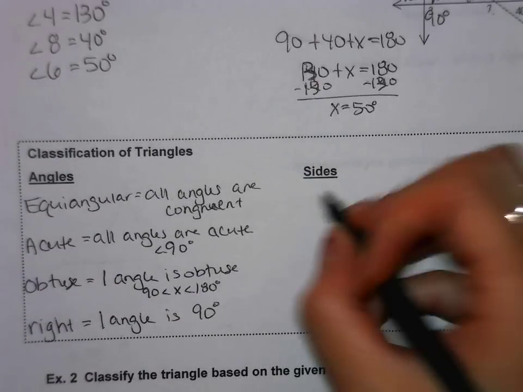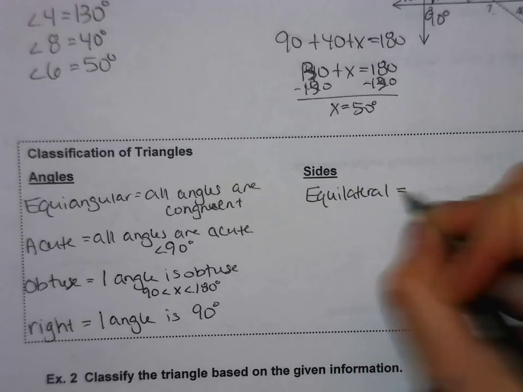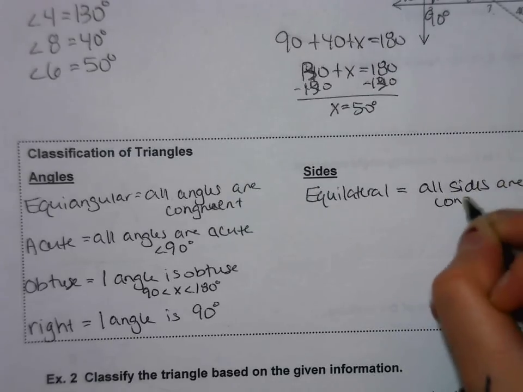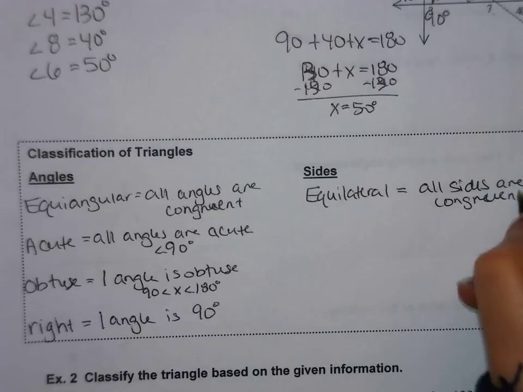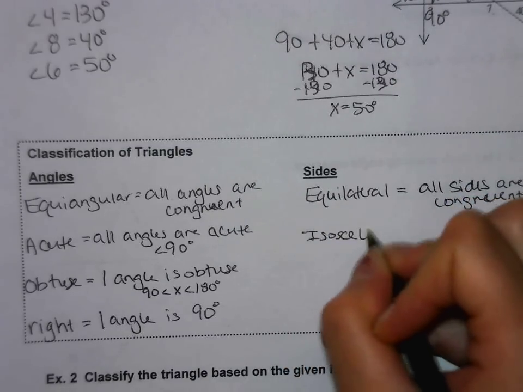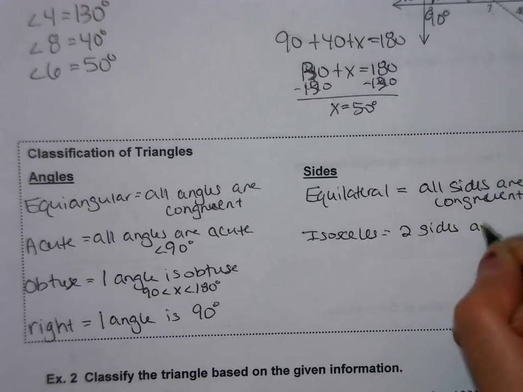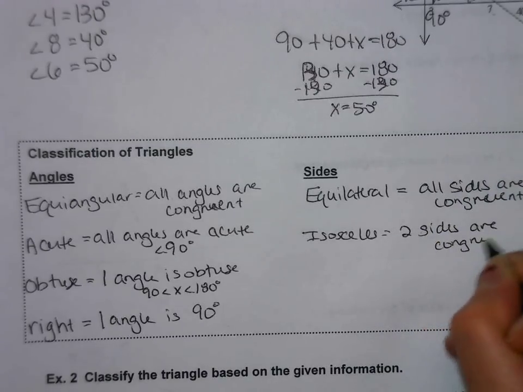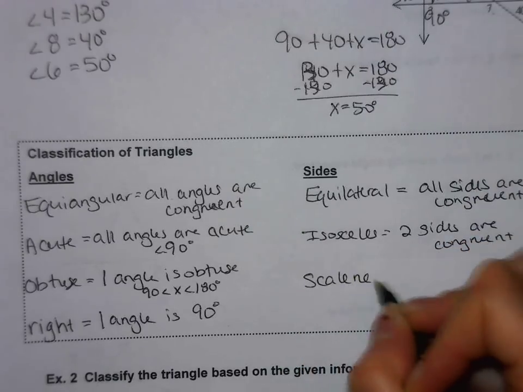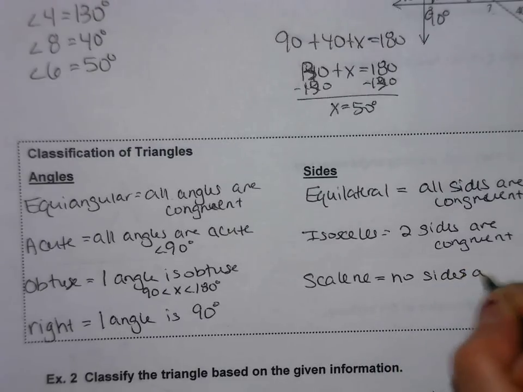Classifying them by sides, equilateral means all sides are congruent, so all sides are equal to each other. Isosceles means we have two sides that are congruent. And our last one is scalene. Scalene means no sides are congruent.